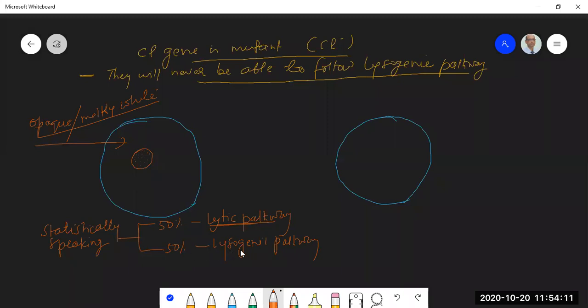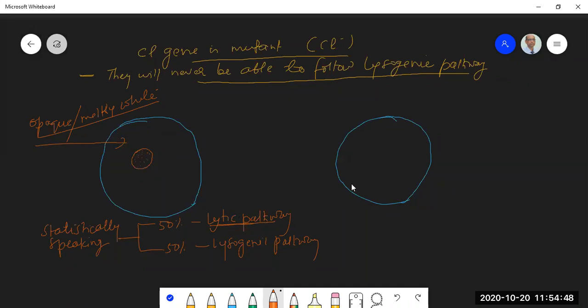Wherever it has established lysogeny, those bacterial colonies are visible. These dots are lysogenic bacterial colonies, harboring phage DNA. The other 50%, after the progeny particles have been completely synthesized, those bacterial cells will be killed. So you see a clear zone.